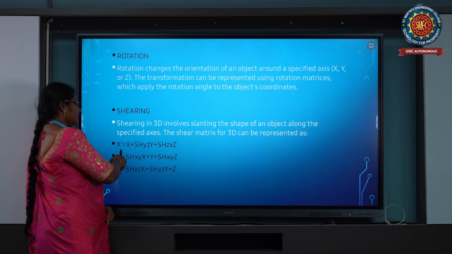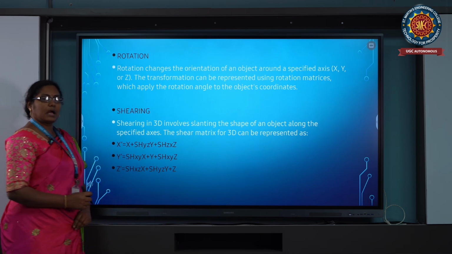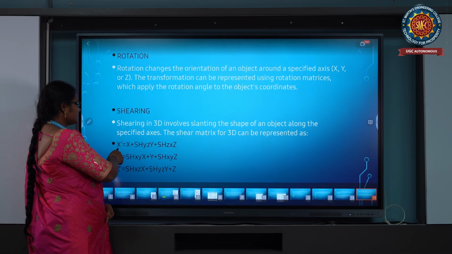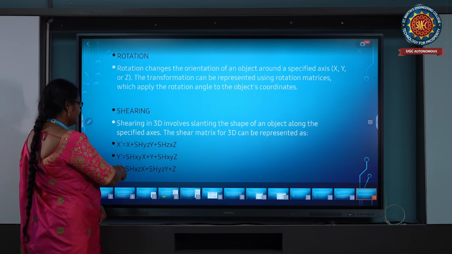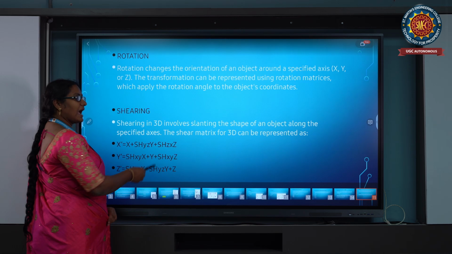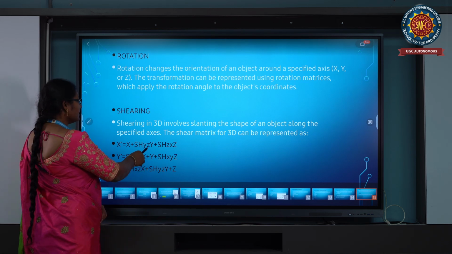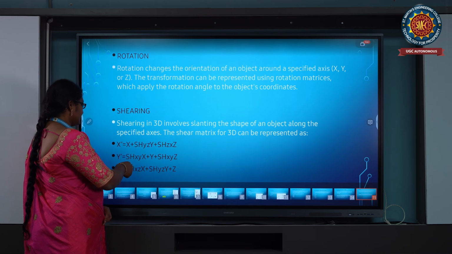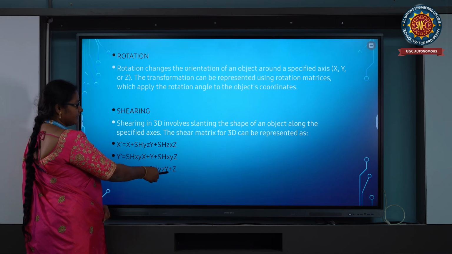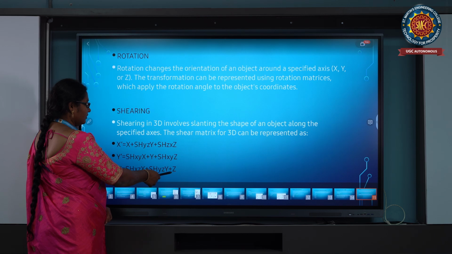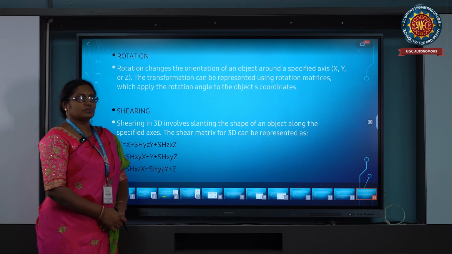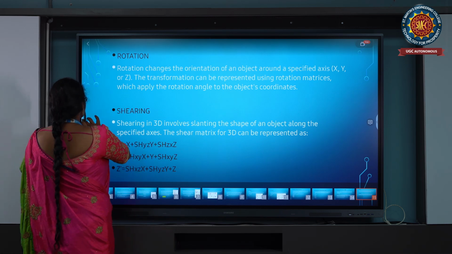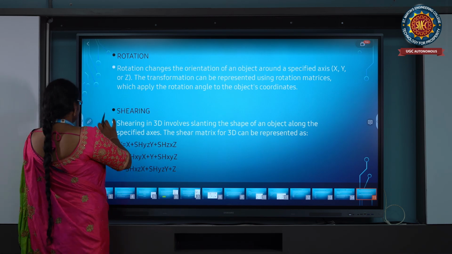Here, after applying this shearing transformation, the equations are x dash, y dash and z dash. You can add the shearing transformations in the x direction with x, in the y direction with y, in the z direction with z. So these are the topics in basic transformations.